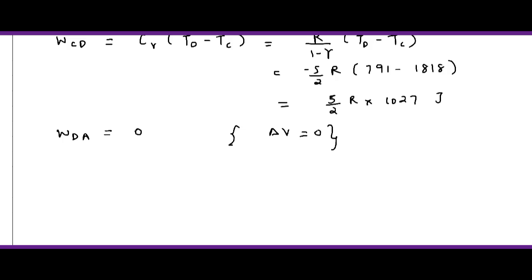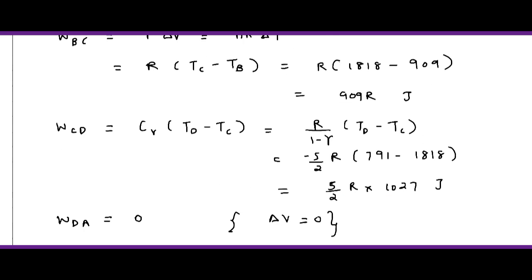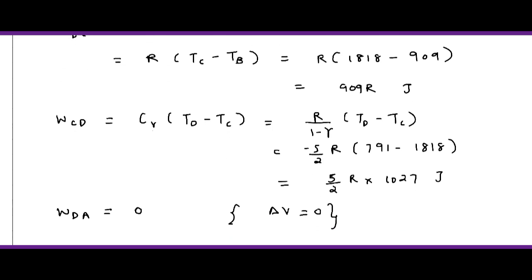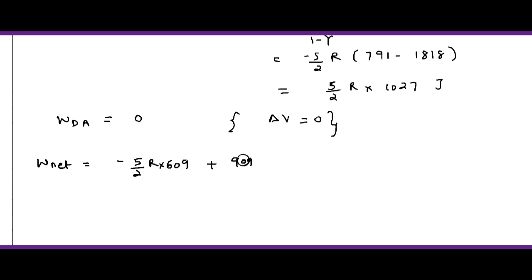Therefore, the net work done can be written as: W_AB is minus 5 by 2 R into 609, plus the B to C work, 909 R, plus 5 by 2 R into 1027.